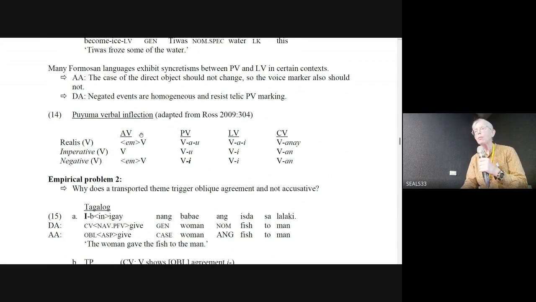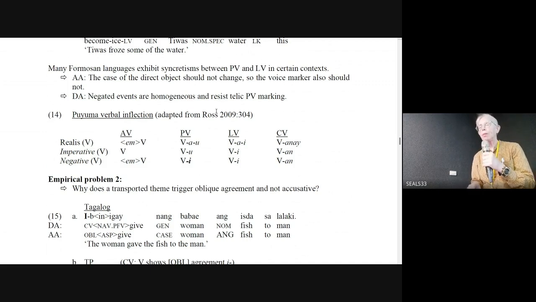And yet another of these lack of one-to-one correspondence. In a lot of Formosan languages in negated clauses, we have what appears on the surface to be a syncretism between LV and PV marking in negated clauses. So the LV marker shows up in PV clauses when they're negated. So this is a challenge for the agreement analysis too, because the LV marker shows up with both accusative objects and with dative things.